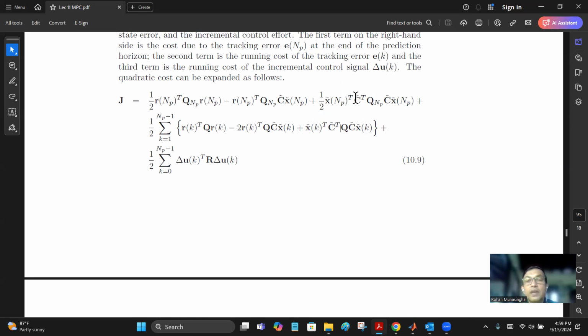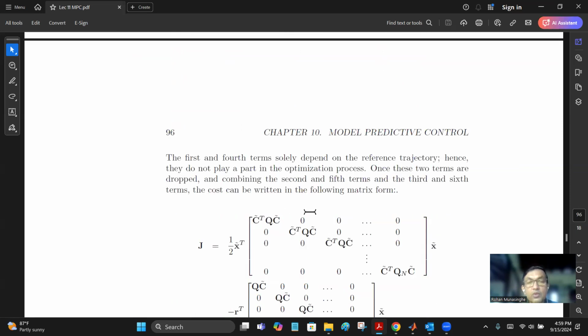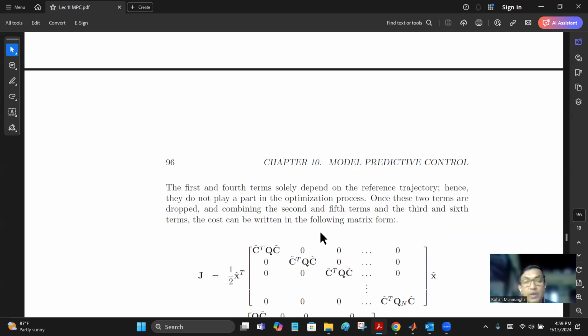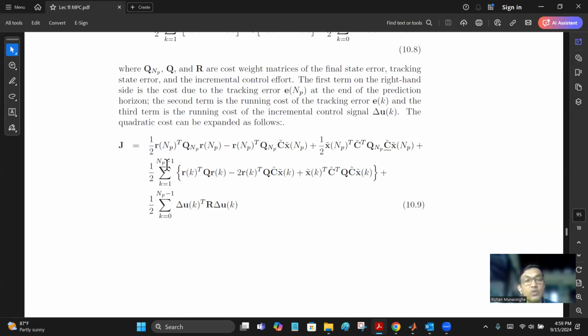Then the entire expression here, C tilde transpose Q C tilde, is the matrix. Remember this one, C tilde transpose Q C tilde, from 1 to N_p. All these elements align on the main diagonal. This is the summation elements, from the summation k from 1 to N_p.